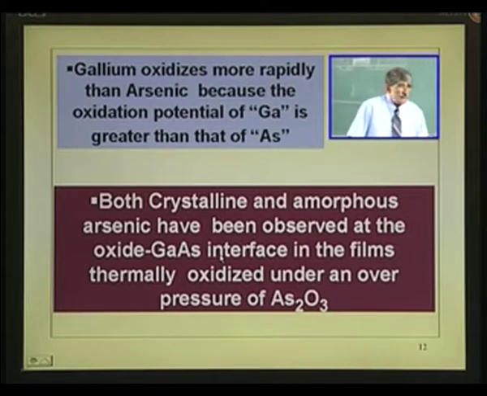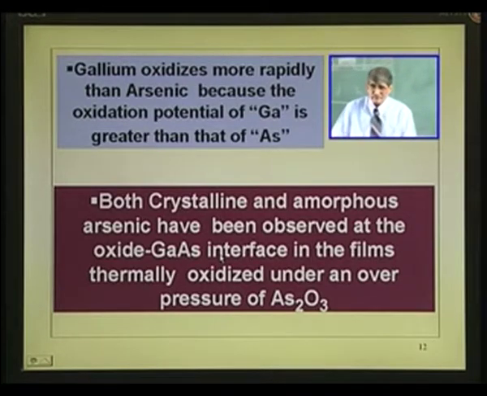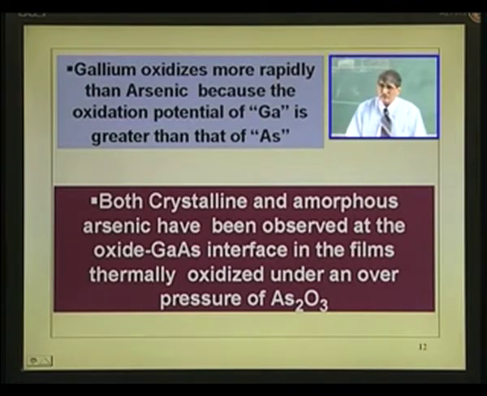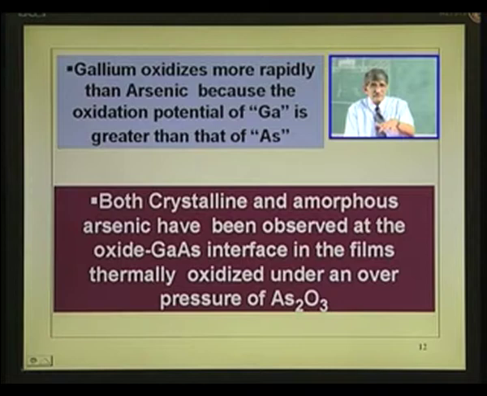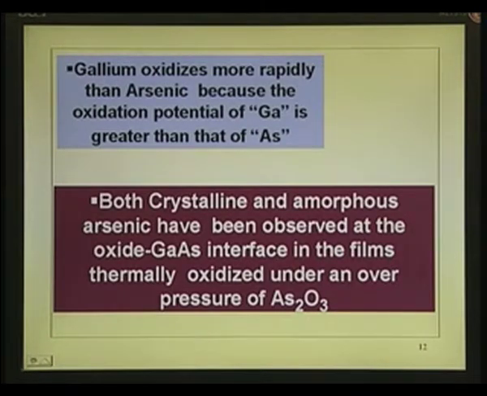Okay. Two things happen. One is it is oxidizing, you prevent loss of arsenic trioxide, and your bulk oxide is good. You have got stoichiometric gallium trioxide, arsenic trioxide. You probe using electron probe, you see that. You go right up to the interface. At the interface, you see amorphous arsenic and also crystalline arsenic. Crystalline means polycrystalline. That means what you have is a layer here.